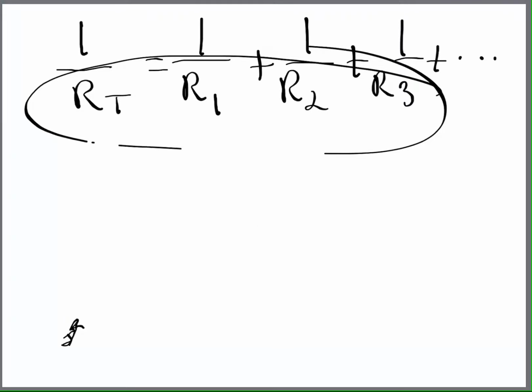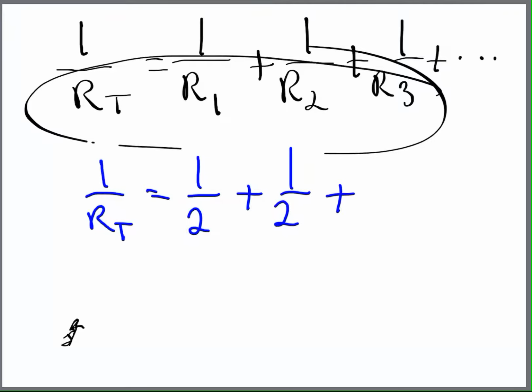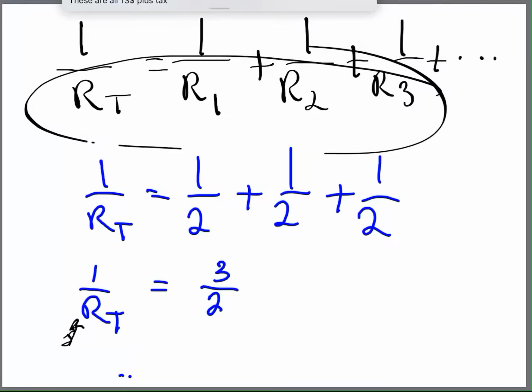Now, how would we do that in this case? It would be 1 over R total equals 1 over 2 plus 1 over 2 plus 1 over 2. So that would already be significantly different because we got 1, 2, 3 over 2, equals 1 over R total. Now, you could do one of two things from this point. You could flip and multiply.